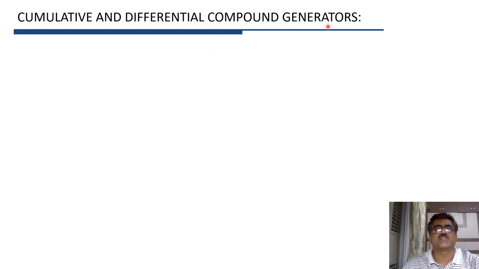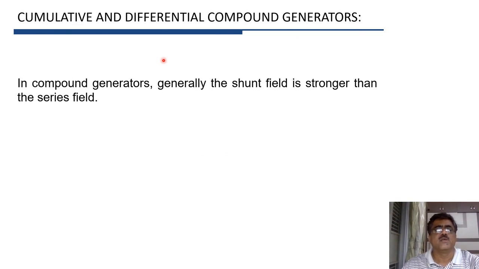Compound generators are also classified as cumulative and differential compound generators. In compound generators, normally the shunt field is stronger than the series field. Means the shunt field is dominating in compound generators.